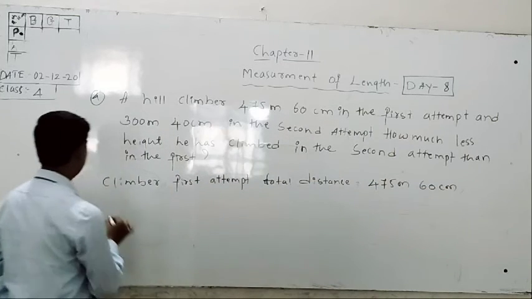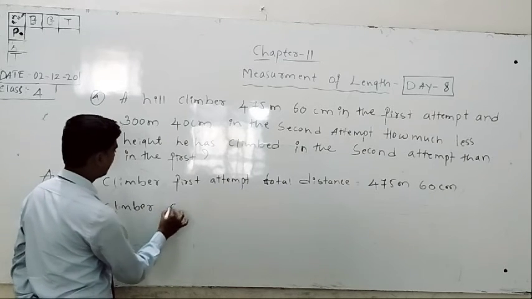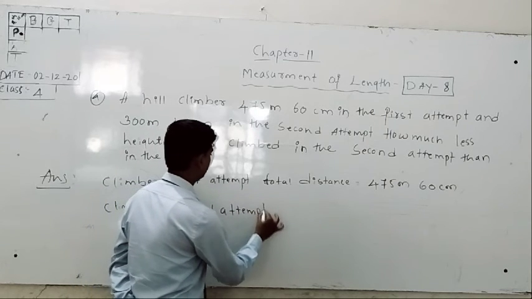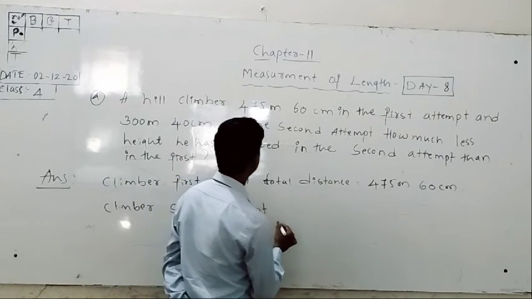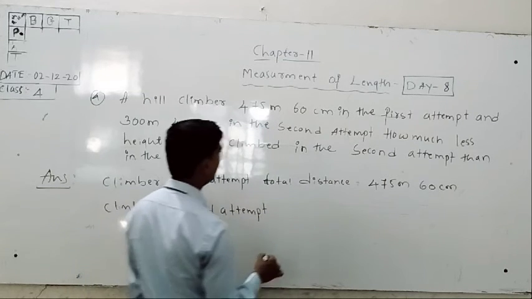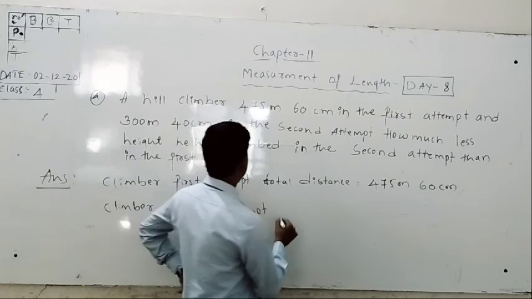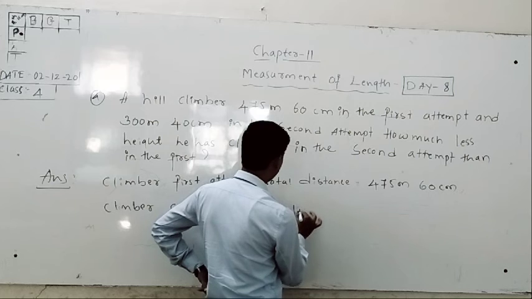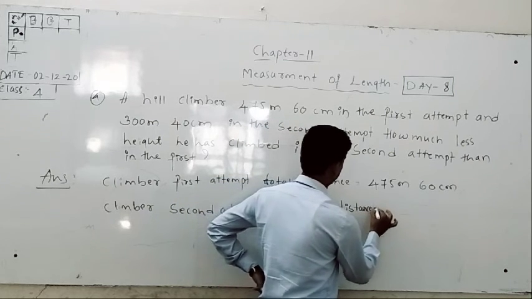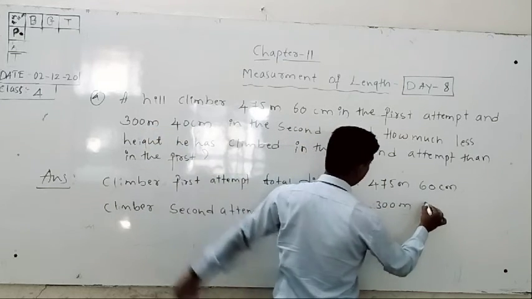Then the climber's second attempt climbed distance. How much did he climb? 300 meter 40 centimeter.